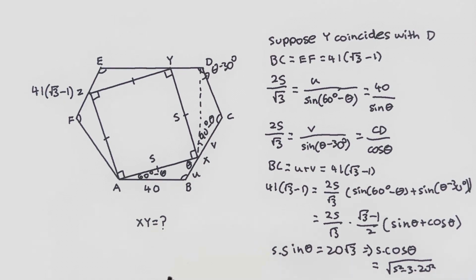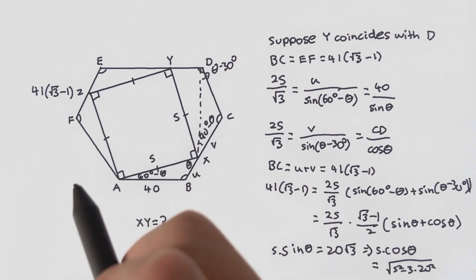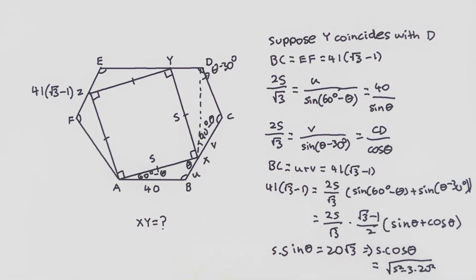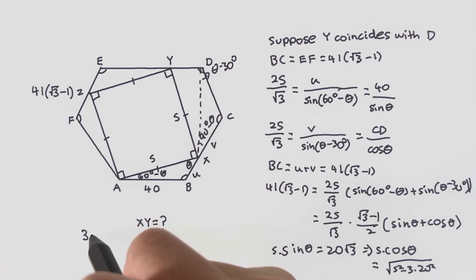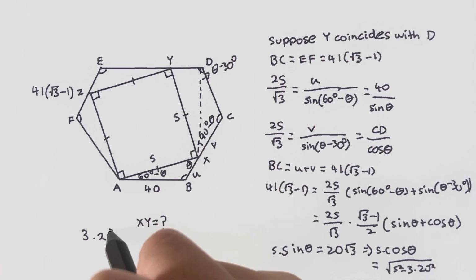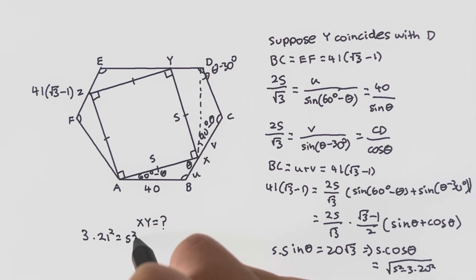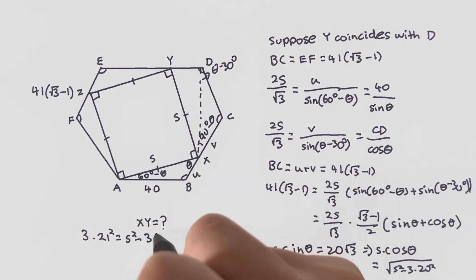Thus, simplifying the equation will give us 41 times (square root 3 minus 1) equals (square root 3 minus 1) divided by square root 3 times [20 square root 3 plus the square root of s squared minus 3 times 20 squared]. So you have 3 times 21 squared equals s squared minus 3 times 20 squared.